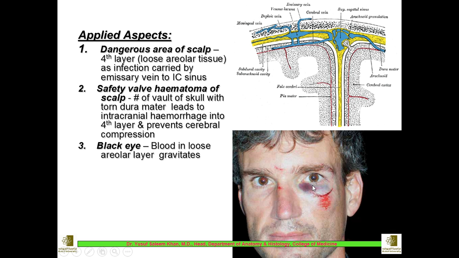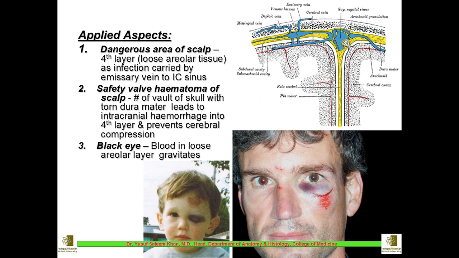So the blood collected because of trauma in the fourth layer easily drains into the area around the orbit, because the muscle is attached to the skin instead of the bone. The blood collects especially where it is loose, and because of gravitational force it comes down and gets collected in the loose connective tissue area around the eye.